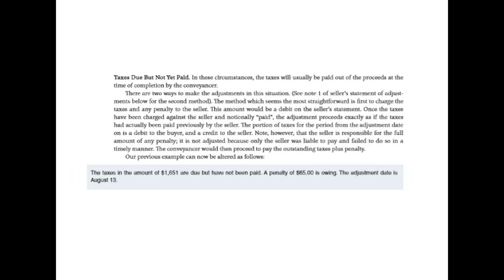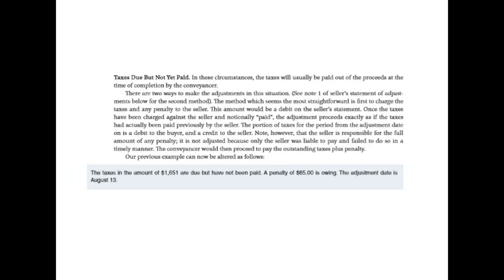I'll read it ahead. It's also acceptable to make this adjustment by charging the seller with the penalty, plus if they didn't pay, plus the taxes from January 1st to August 12th, which is another statement; August 13th would be the adjustment day. Sorry, I was wrong.